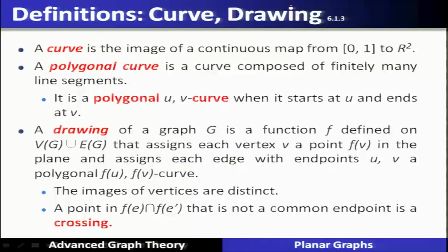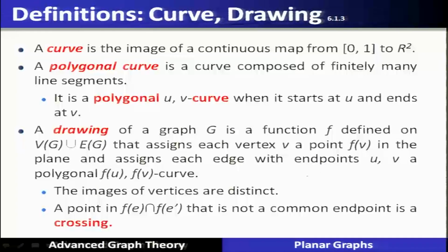A drawing of a graph G is a function f defined on the vertices and edges that assigns each vertex a point f(v) in the plane and assigns each edge with endpoints u, v a polygonal f(u), f(v) curve. The images of the vertices are distinct. The point in f(e) intersection f(e prime) that is not a common endpoint is a crossing.